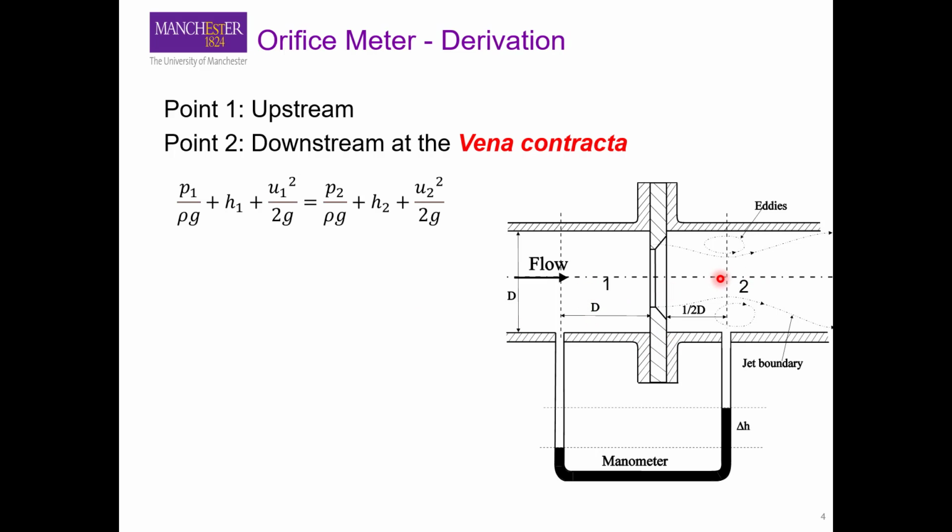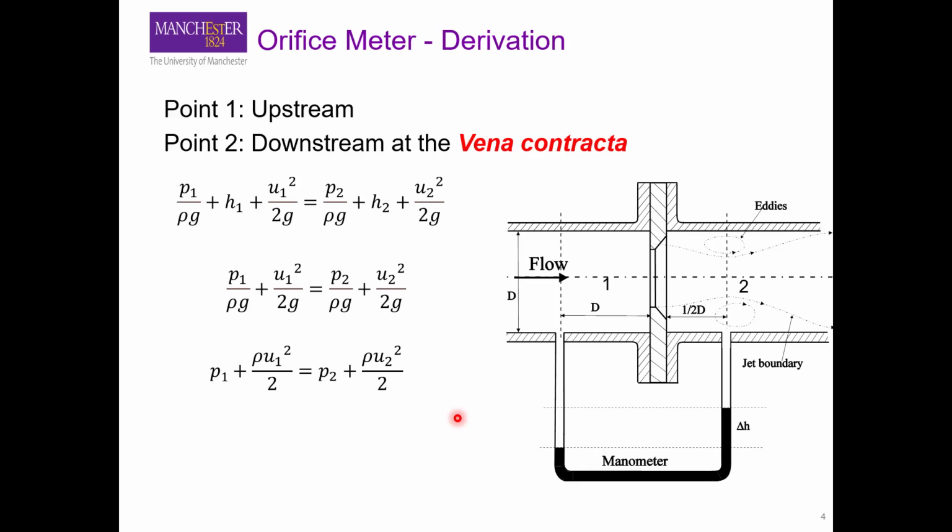H1 is equal to H2, it means there are no height effects, no elevation effect. And then you can say that you have an incompressible fluid, it means the density is not changing. If you do that, you can see that we can take out H1 and H2 because they are at the same height. We have these 4 terms left in the equation.